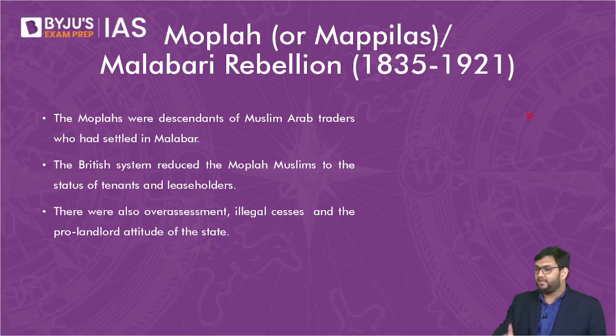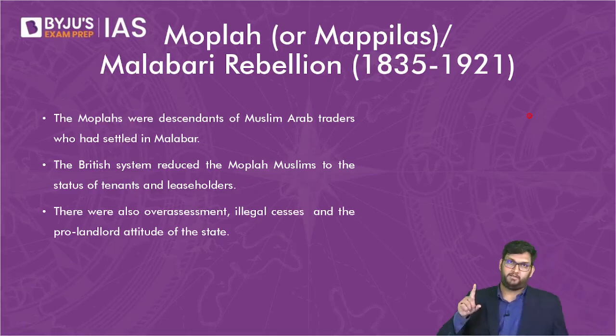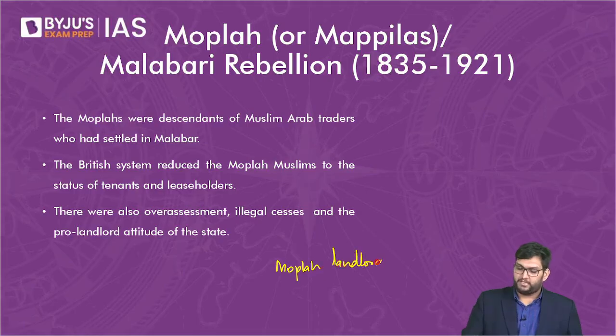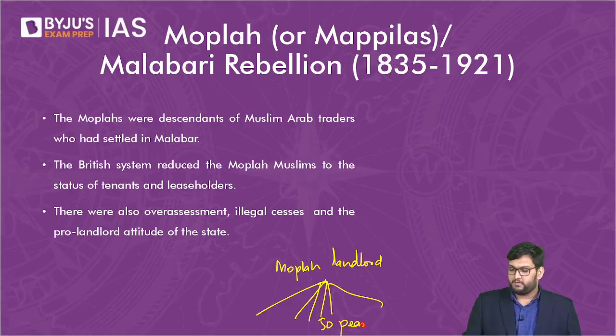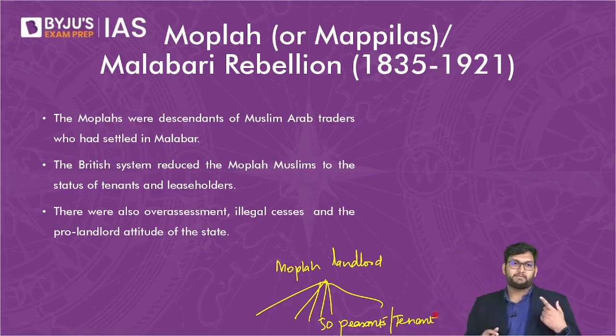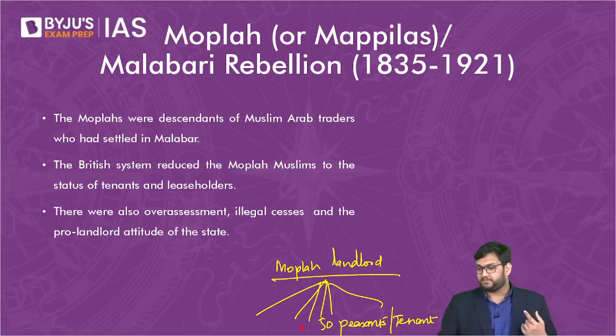If I'm the Mopla landlord and I control 50 peasants or tenants, who will the British have an arrangement with, the landlord or the peasant?